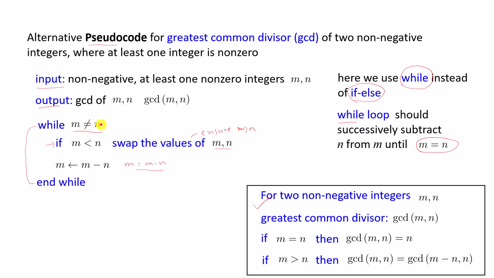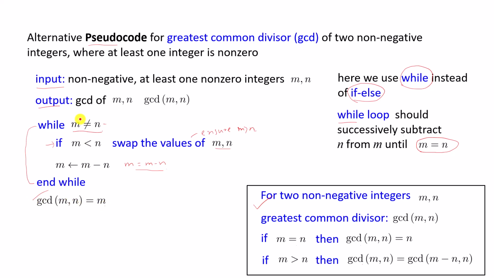Once this loop is broken, which means that once we reach m equals n, we come here and see m equals n, the program skips this part and reaches whatever comes after the end while. So here it says GCD(m, n) equals m.